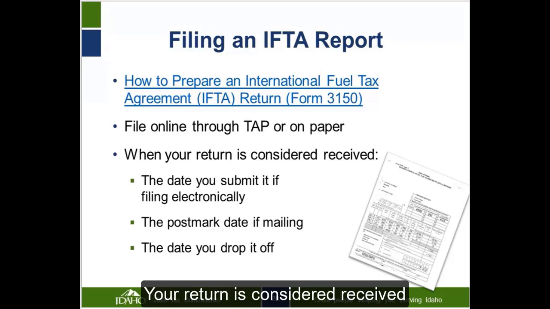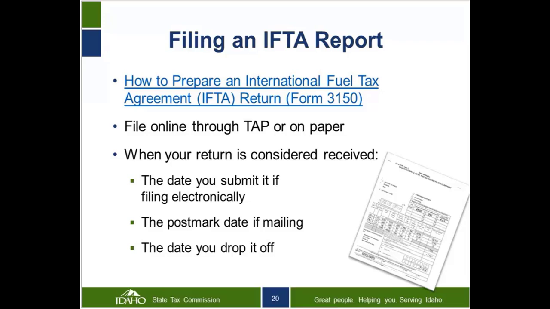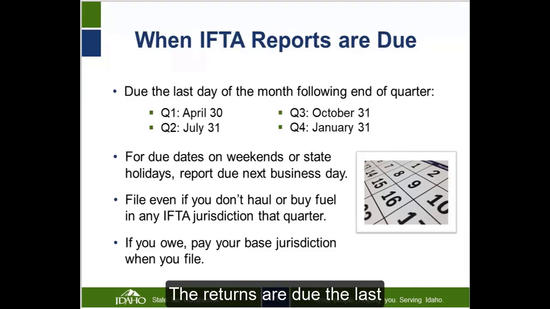Your return is considered received when you submit it electronically, or the postmark date if you're mailing it, or the date that you drop it off with the Tax Commission. Returns are due the last day of the following month at the end of the quarter.